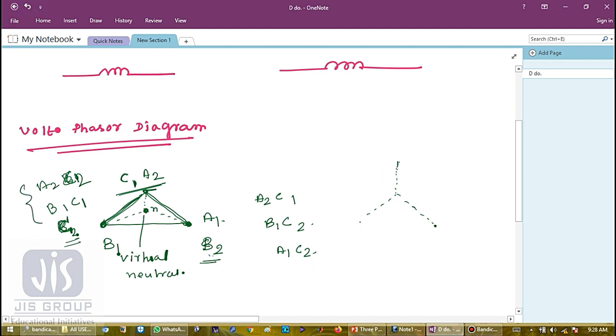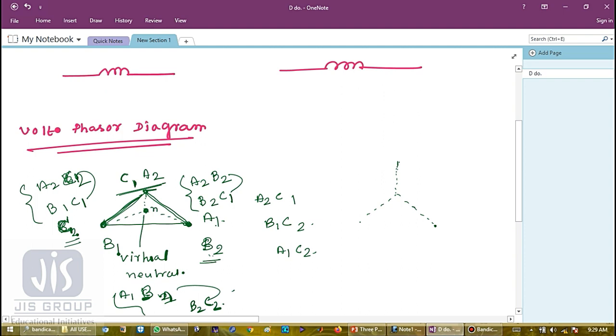Similarly, line voltage for this is A1 C2, A1 B1 and B2 C2, and here it is A2 B2 and B2 C1. So these are my line voltages, and these two are same. These two are same.